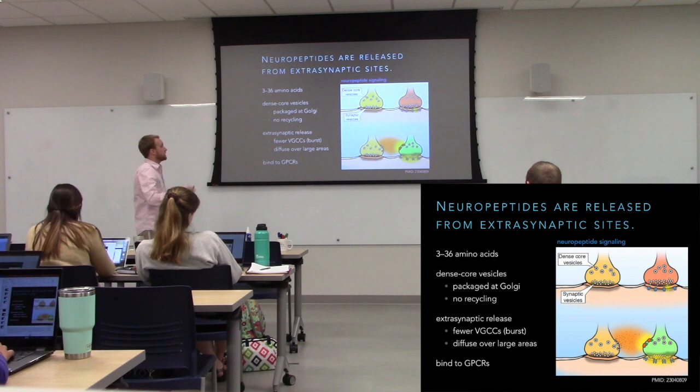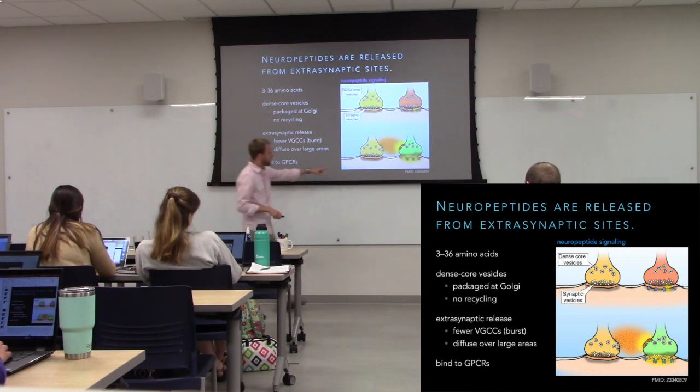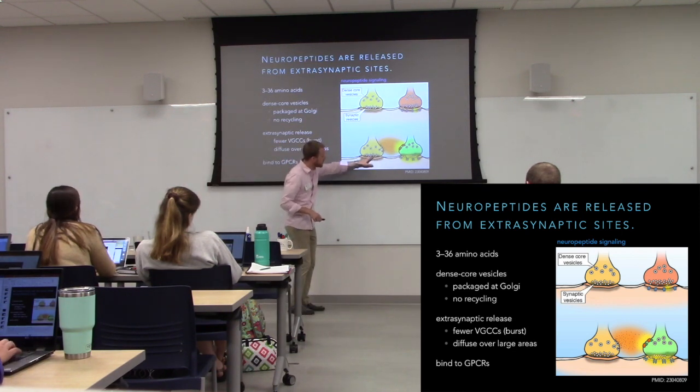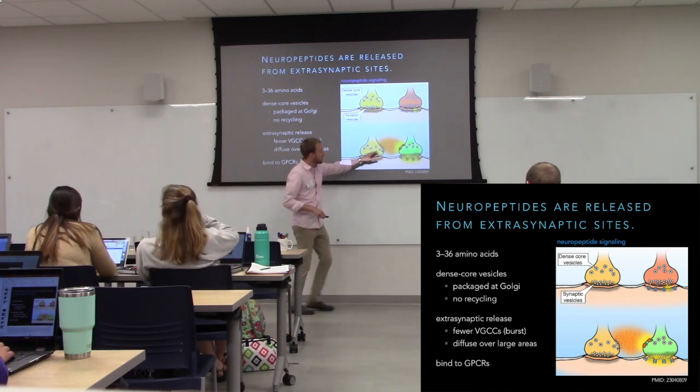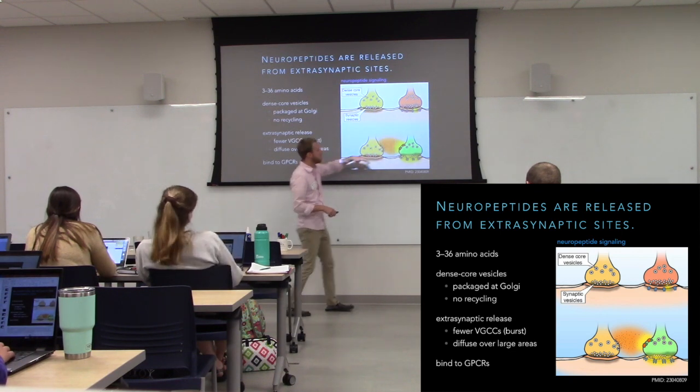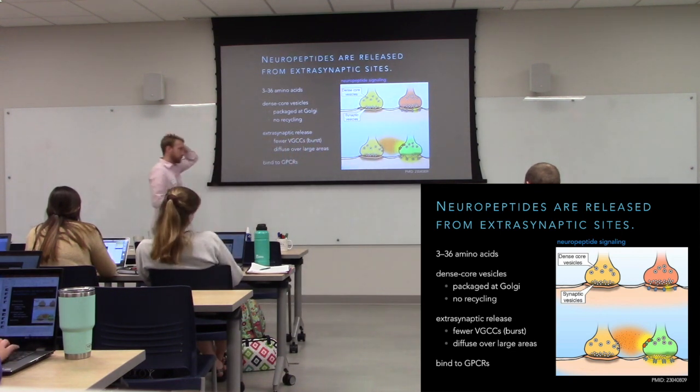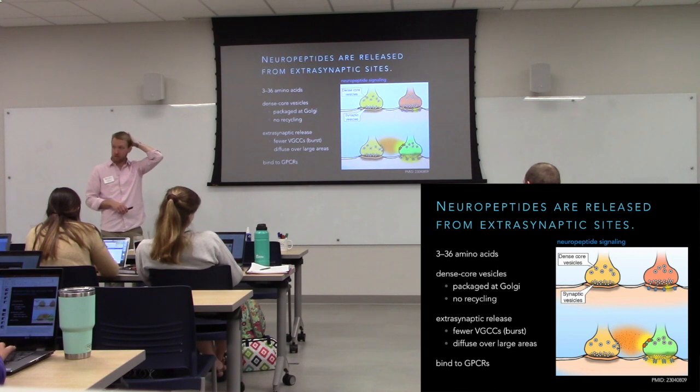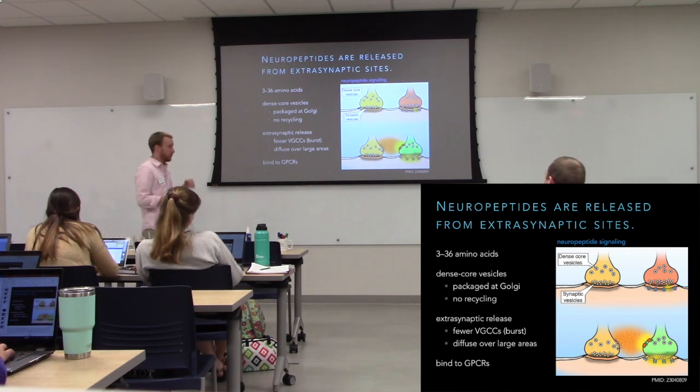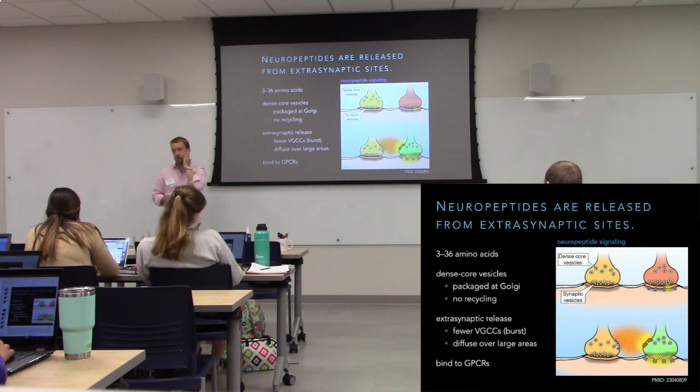These are going to be released extrasynaptically and diffuse over a much larger area as a result. We're not spitting them out here, immediately adjacent to the target receptors. We're spitting them out away. So they're going to act like some of the catecholamines can, over a much larger area. Their receptors are going to be the metabotropic kind, which we'll talk about in the next lecture.